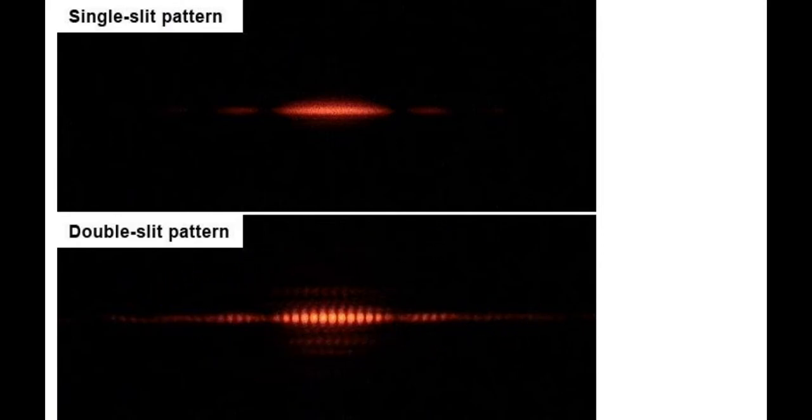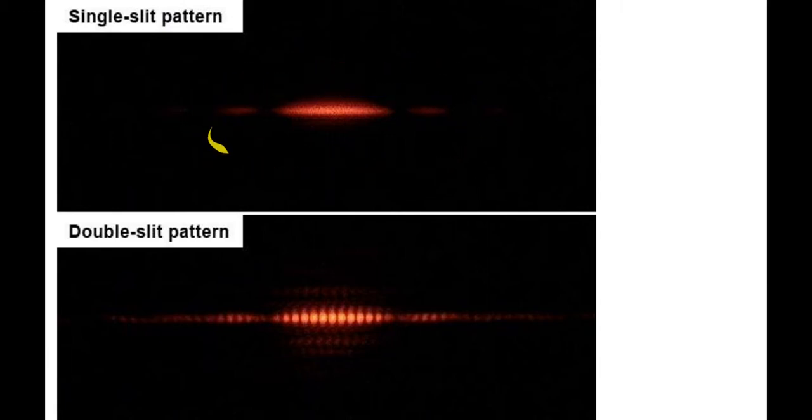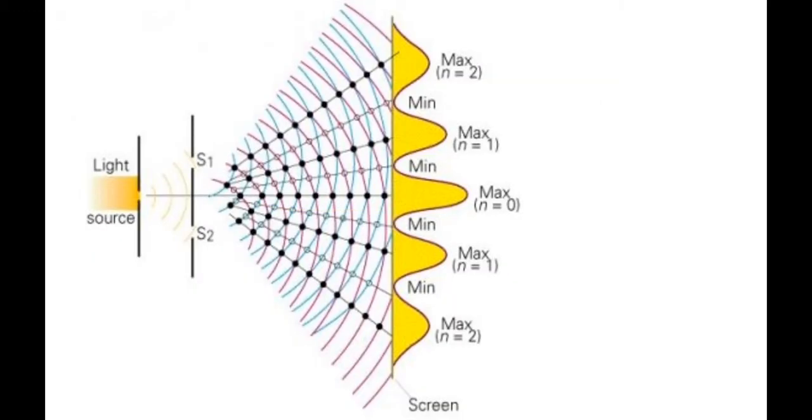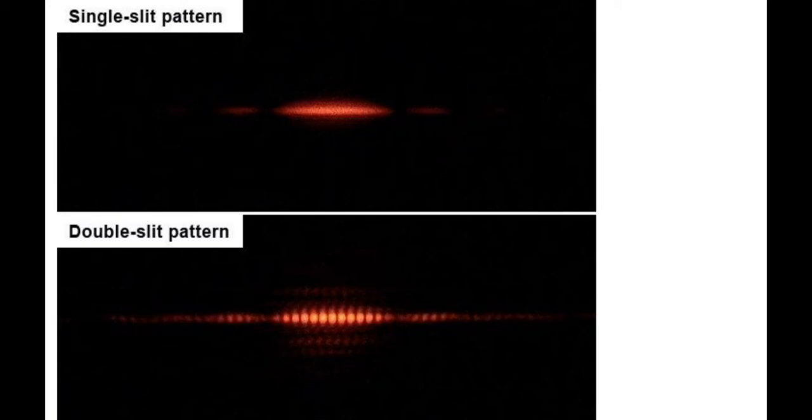It's very special. When waves interfere, they create this kind of pattern. The single slit pattern is different. If there is only one slit, there is no interference, but only a diffraction pattern. So these experiments demonstrate that light can be represented by a wave.